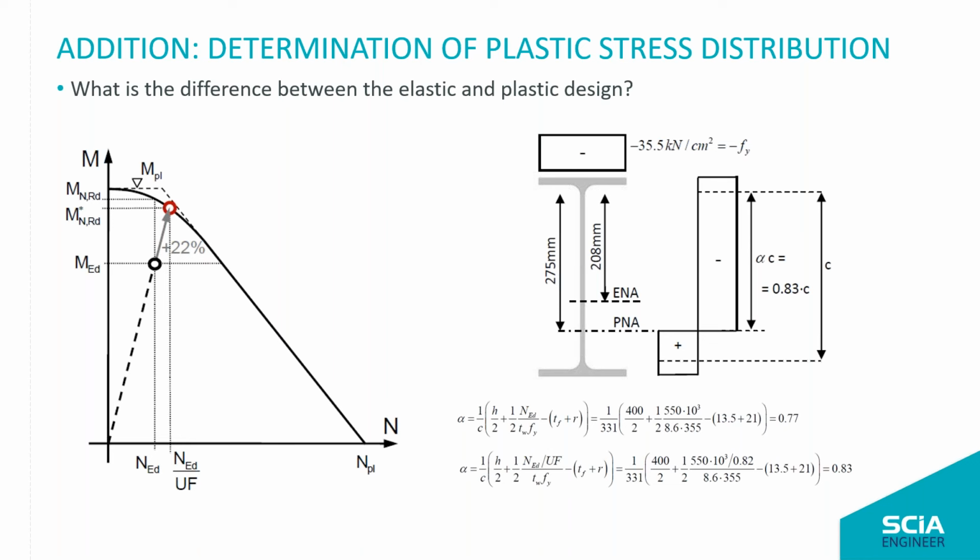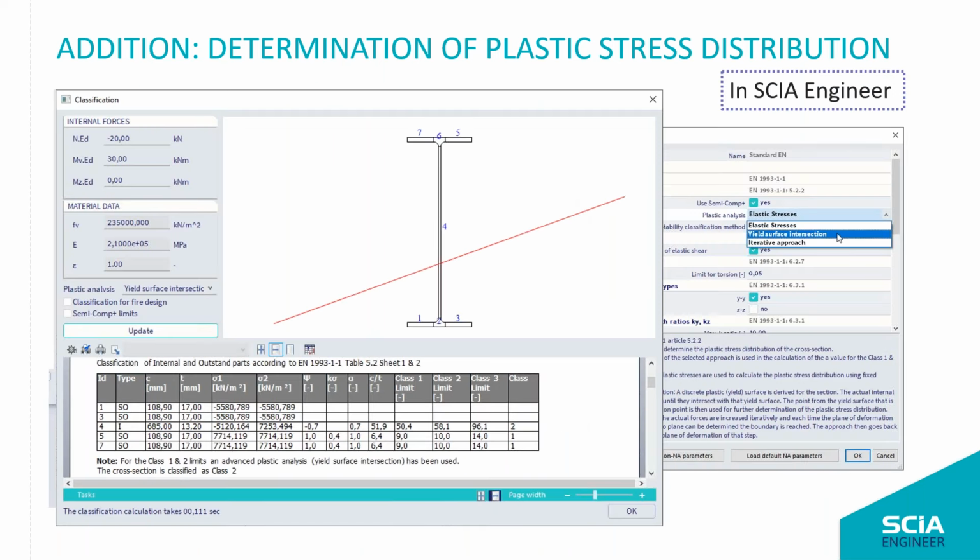So this will give us a bit worse results, but they're also closer to reality. So it's all depending on what you want to use and where you want to stand on this. SCIA just offers you this choice.